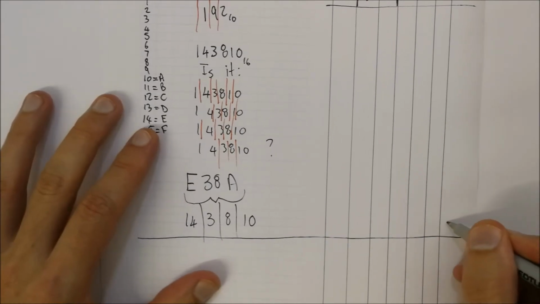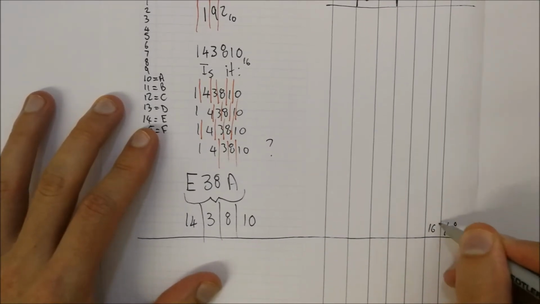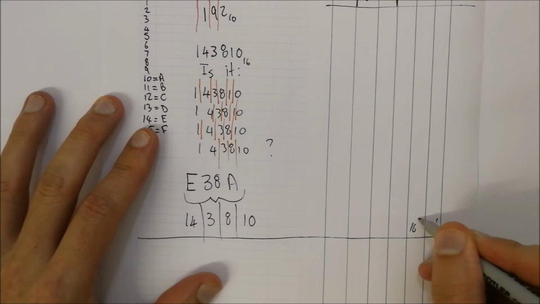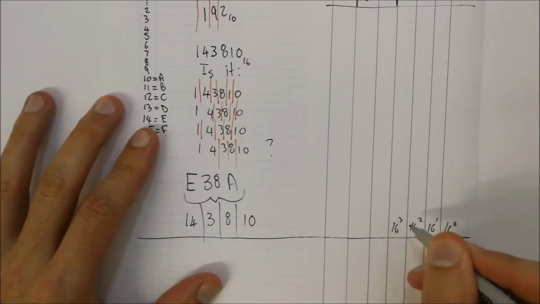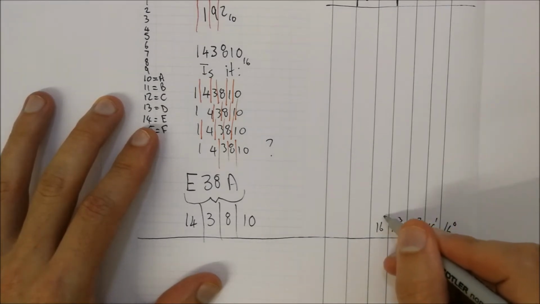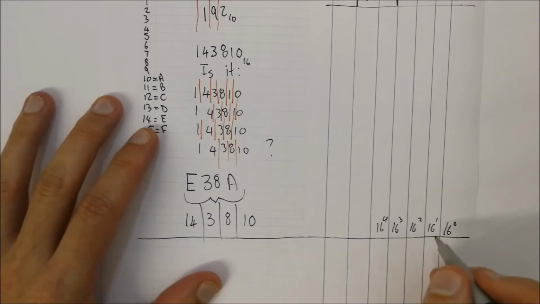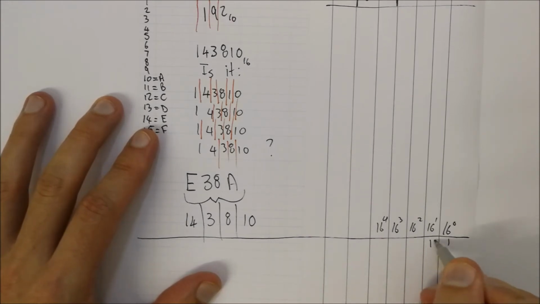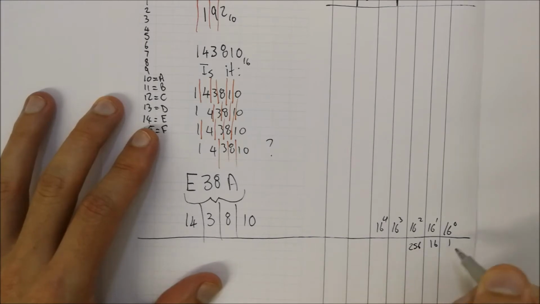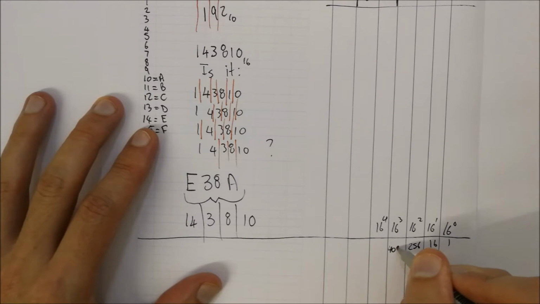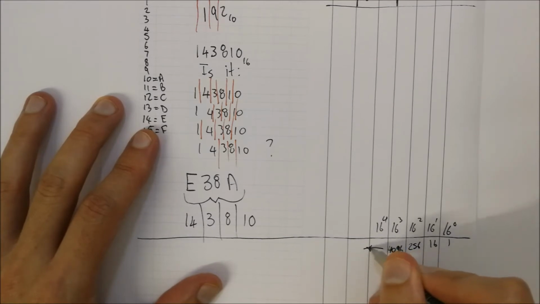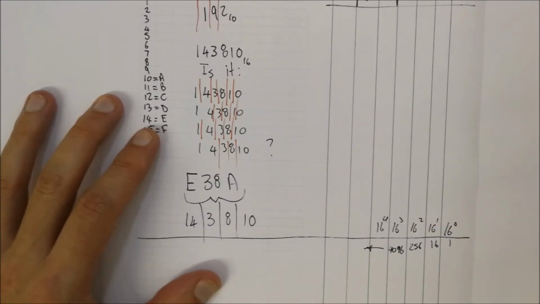Like I mentioned, we've got 16 to the power of 0, 16 to the power of 1, 16 to the power of 2, 16 to the power of 3, 16 to the power of 4, and that's equivalent to 1, 16, 256, and 16 to the power of 3 is 4096. Can continue over there. I'm just going to leave it at that.